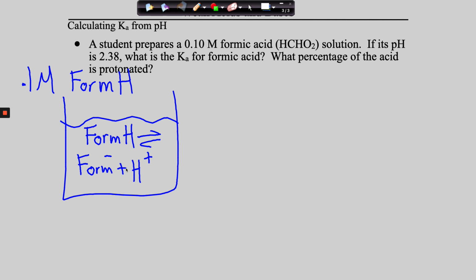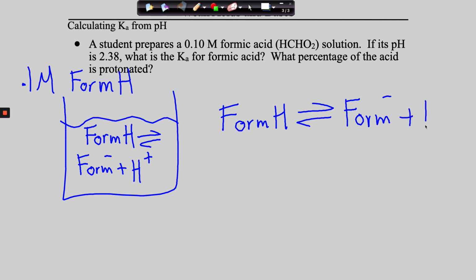Okay, guys, let's talk about what the answer isn't. The answer to this question, and I'm going to write it over here, is form H in equilibrium with form minus and H plus.